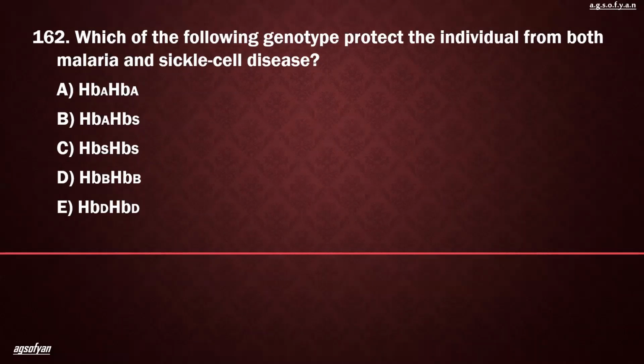The one that is not the same. Is it B? Yes, it's B because it has A, which is normal, and S, which is sickle cell. This one has both A, this one S and S, this is B and B, right? D and D is not correct. So it has to be the one that is heterozygous, which is A and S. So the answer should be B.